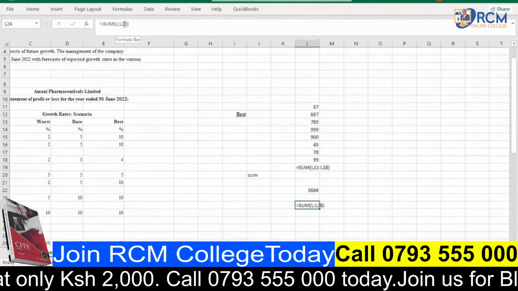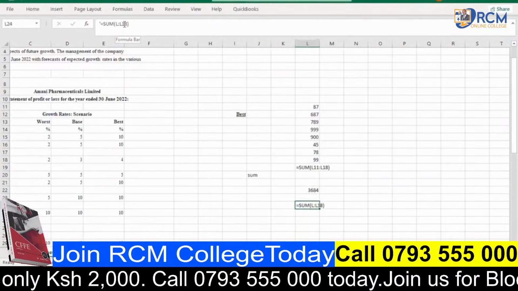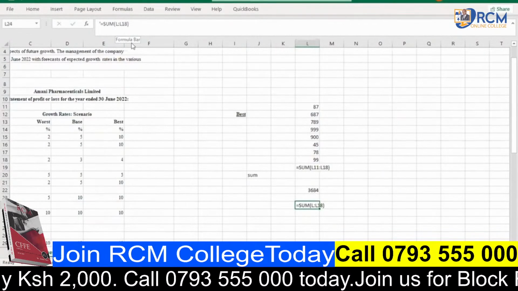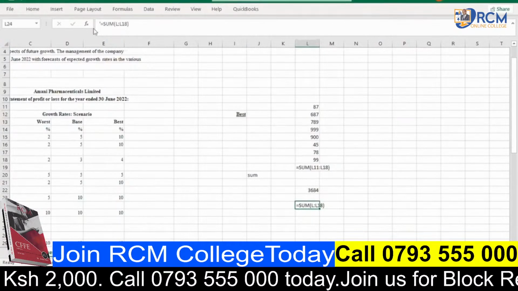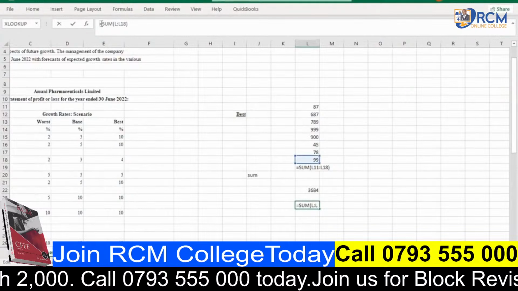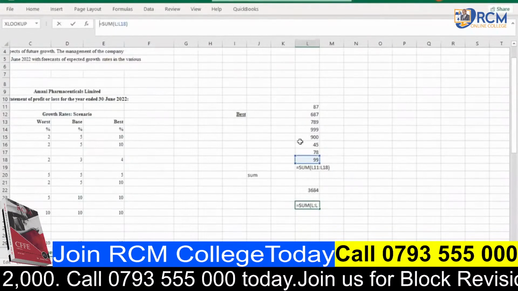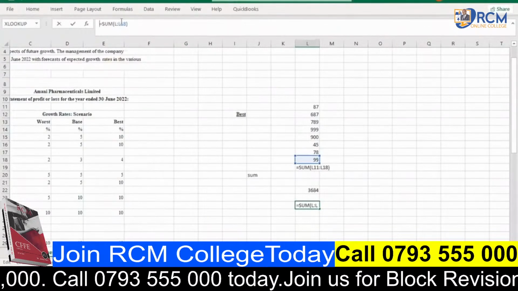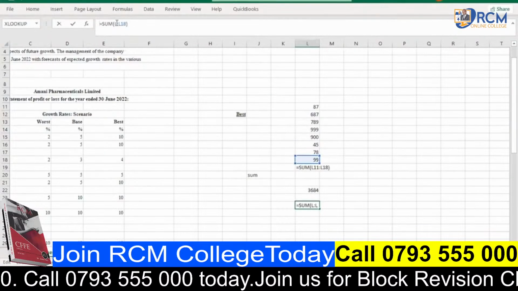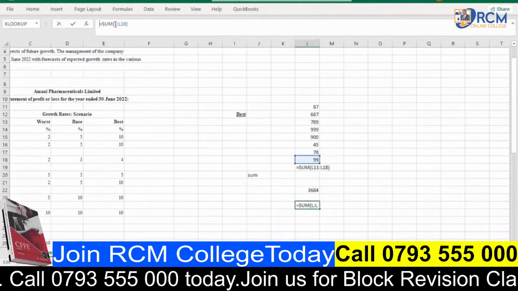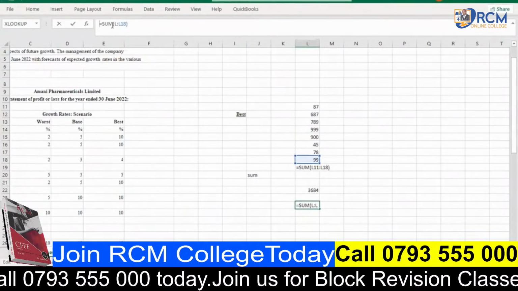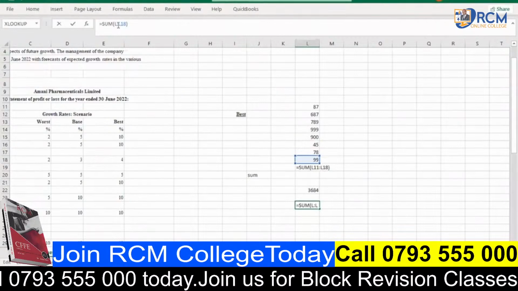Section A is multiple choice. You pick the best or the correct answer. So if you come down here, you can now see what we have. Let me eliminate this and you see what is going to be returned. As you can see, I only have L. So the only one which is active is this. The other one does not specify. It only tells me the column, but there is no row number. So this one here is wrong. It does not indicate the row number.